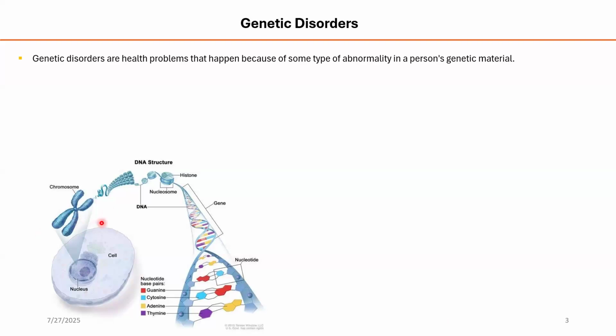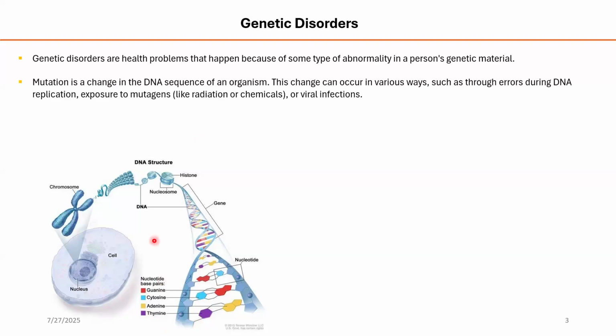The DNA wraps around proteins called histones to form nucleosomes. When you zoom in, you can see a double helical structure, which is called the DNA, made of units called nucleotides, which have four bases: guanine, cytosine, adenine, and thymine. Mostly the mutation occurs because there is either a base pair change or a deletion in these nucleotides.